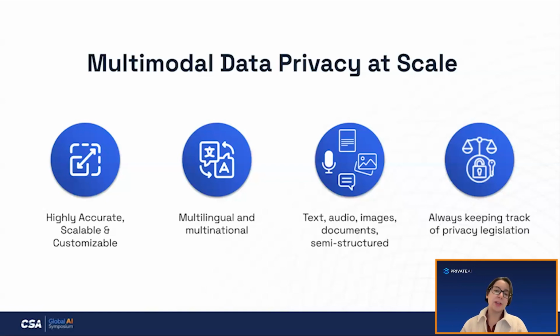Oftentimes you are dealing with multilingual as well as multinational data. So it has to be a product that's adapted to, for example, addresses and different ID numbers globally, and also adapted to the various privacy and data protection legislations that are popping up globally, as well as to the various formats that you are processing, from text, audio, images, documents to semi-structured data as well.